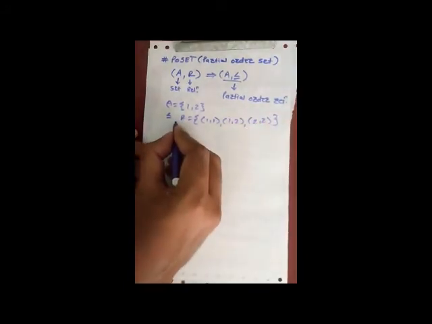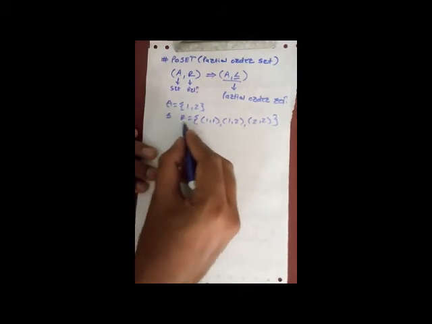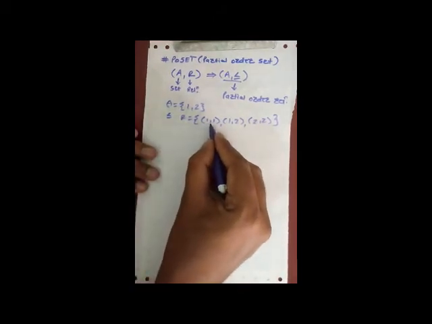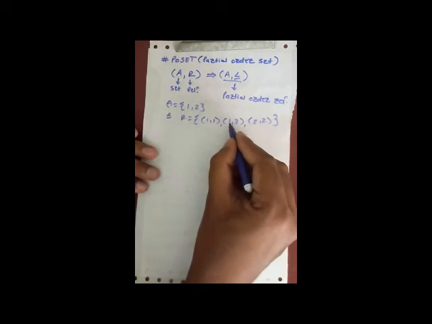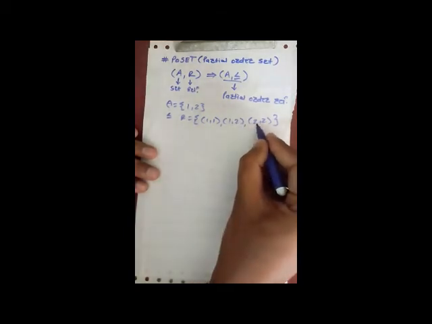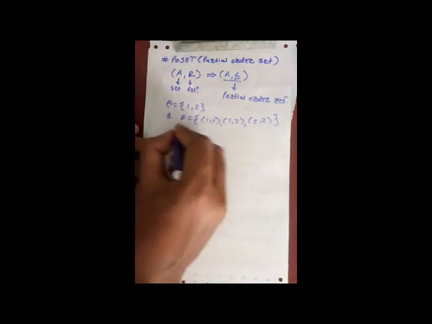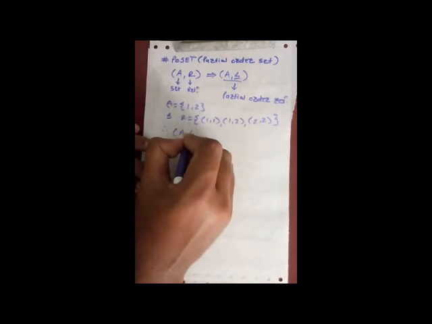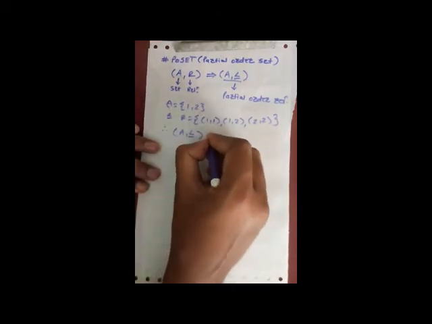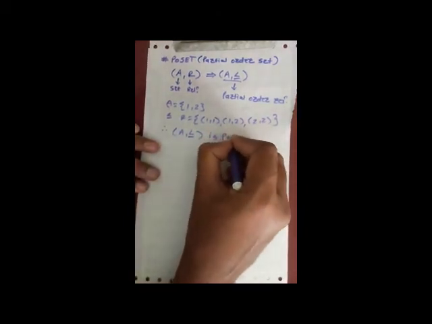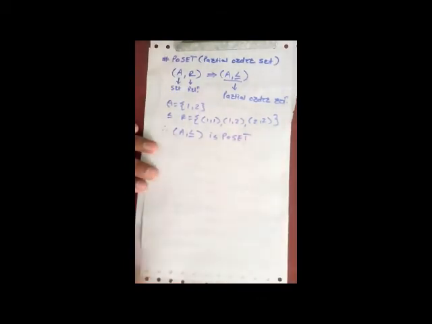That is the relation. It satisfies the less than or equal to property, that is 1 is less than or equal to 1, 1 is less than 2, 2 is less than or equal to 2, right? Therefore A comma less than or equal to is a poset, right?